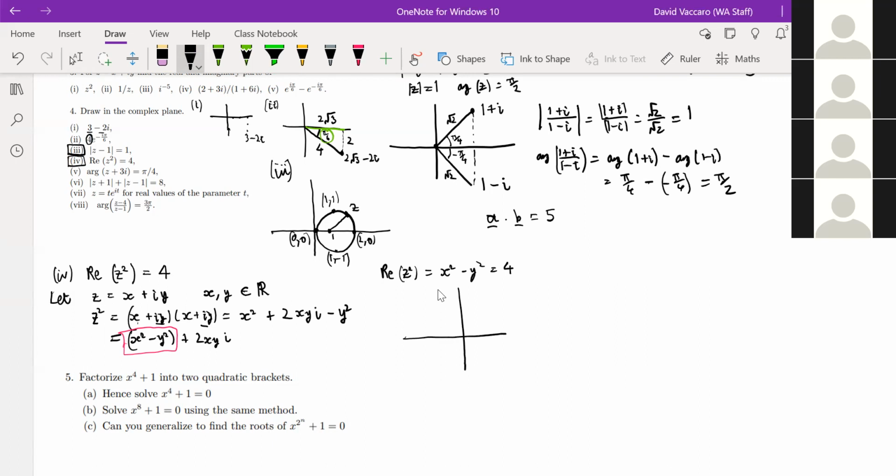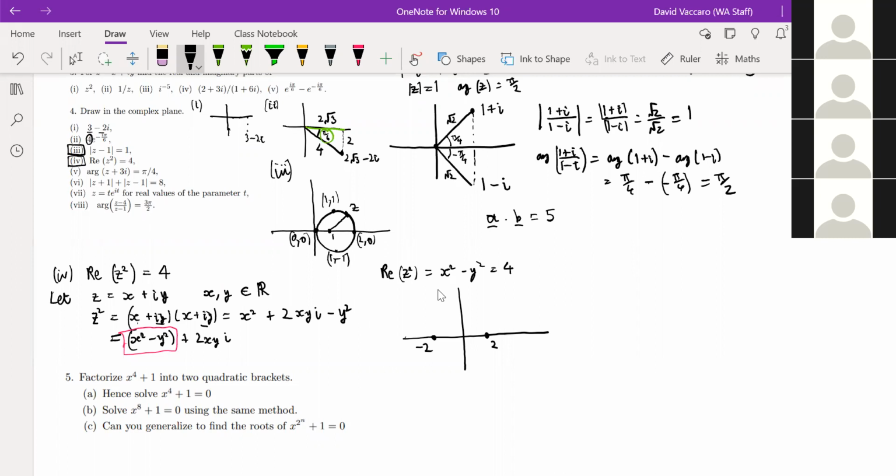So remember that x and y are real. If y is 0, x squared is equal to 4, and x is equal to 2 or negative 2. So if y is 0, we have these two points, with x equals 2 and x equals negative 2.